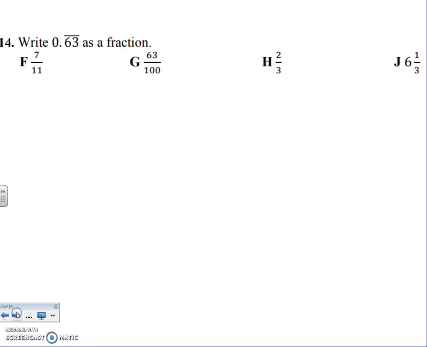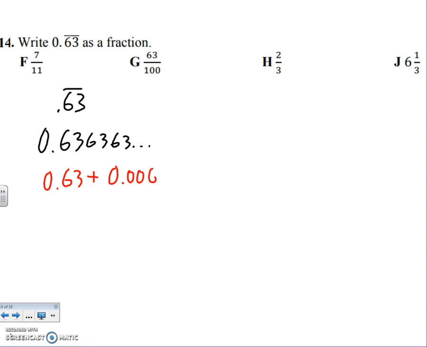Alright, 14. Write 0.63 repeating as a fraction. So 0.63 repeating is really the decimal 0.63, 63, 63, and so on. We're going to break it up to say it's this number, 0.63, plus this number, 0.0063, plus this number, 0.000063, and so on.